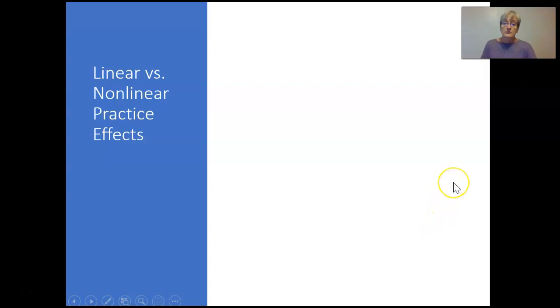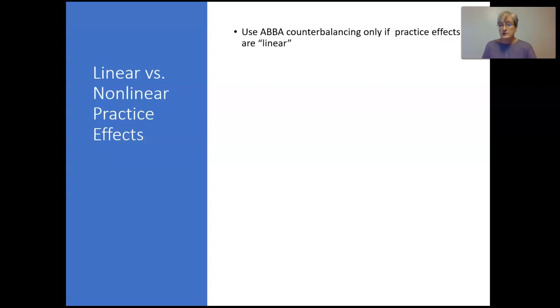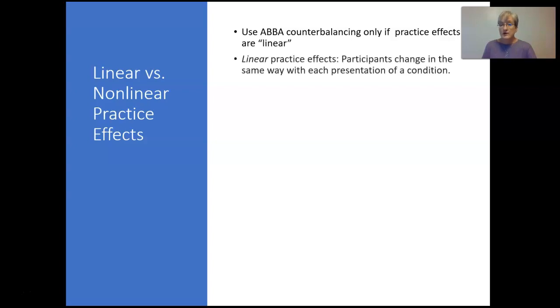Now, a little more about what your authors mean by linear and nonlinear practice effects. ABBA is only going to be used if you have so-called linear practice effects. And what your authors mean by linear is that all of your participants are going to change in the same way across presentations or across conditions.